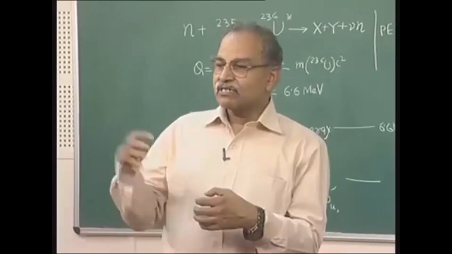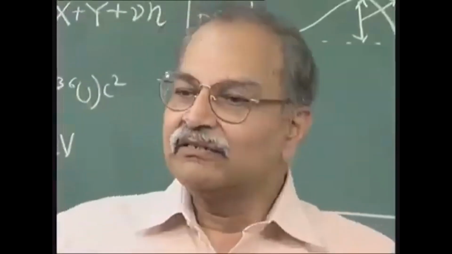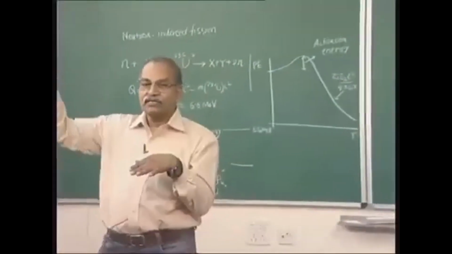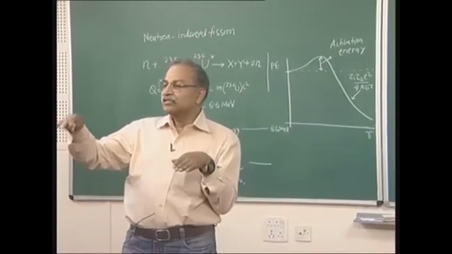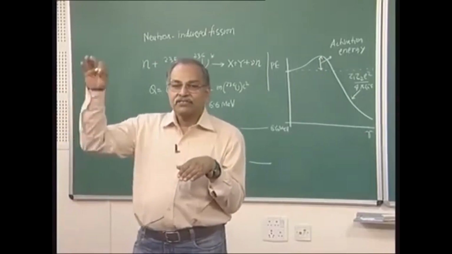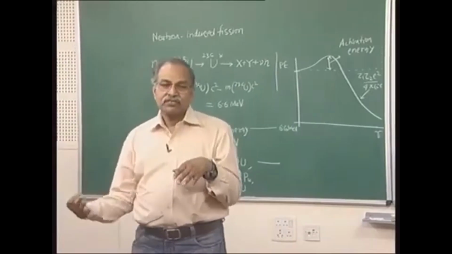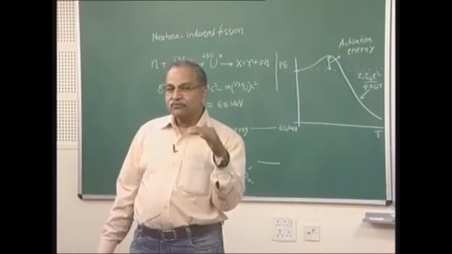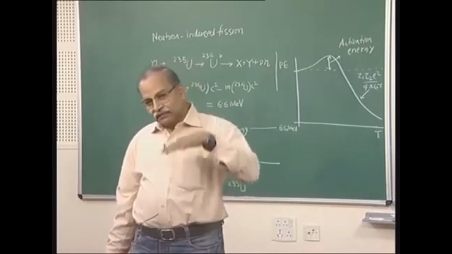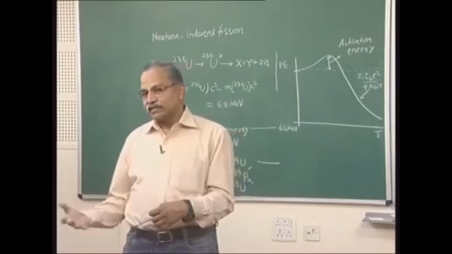If it emits a gamma ray and thereby lowers its energy, the remaining excitation energy becomes lower than the activation energy, then the fission will become difficult, and with more gamma ray emissions, it can just come to its ground state. So, you create uranium-236 in its own ground state, which will not fission as such.